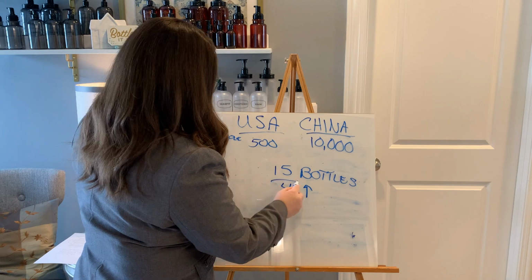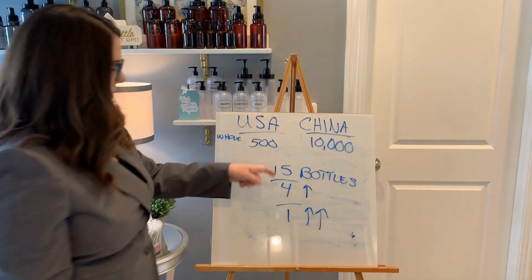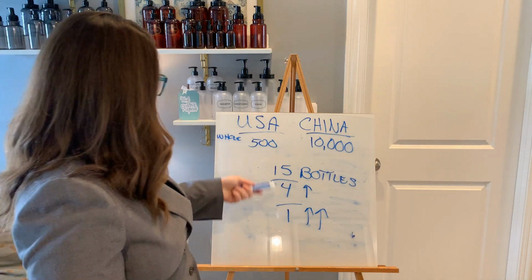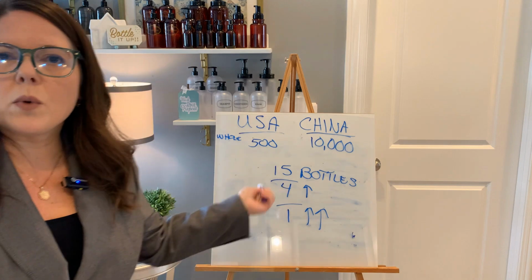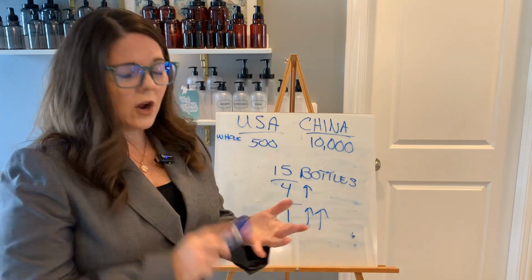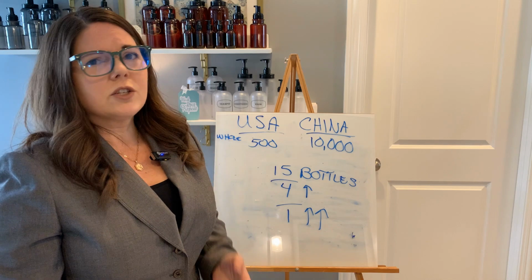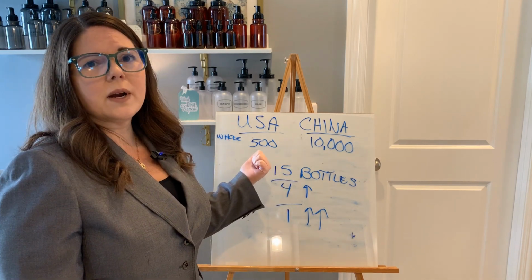And you probably only have 1 that is your best seller out of all 15 of those. So what do you do with the other 11 to 14 of them? Well, they sit on your shelves. They cost you space. They cost you labor. They cost money to sit on your shelves and not go anywhere.